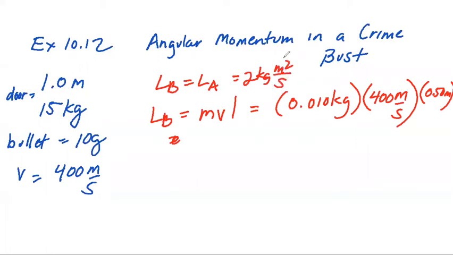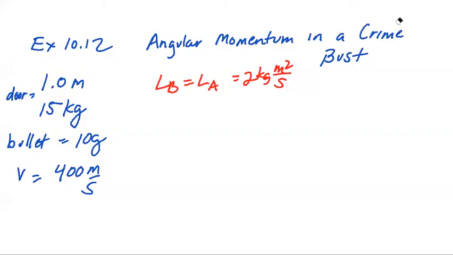Now we need to know the moment of inertia of the door. If you look that up in Table 9.2, I of the door equals M R squared over 3.